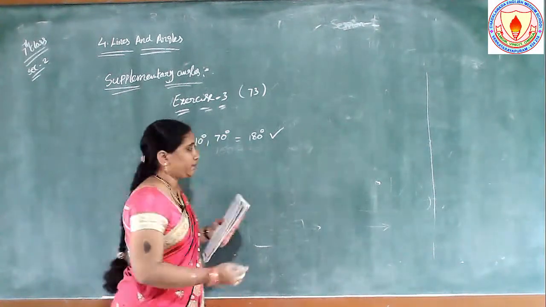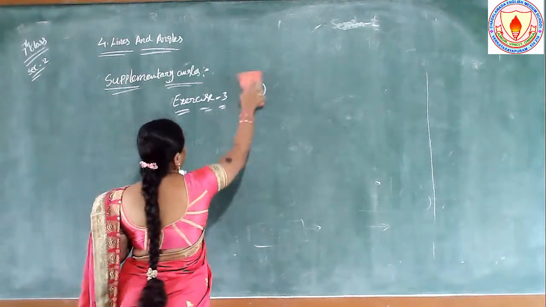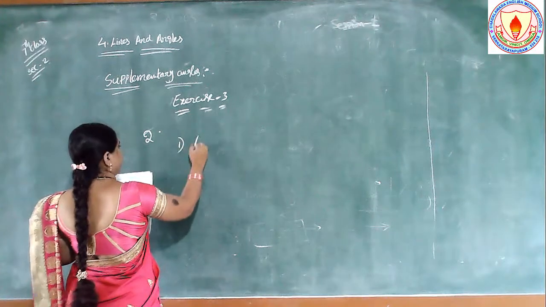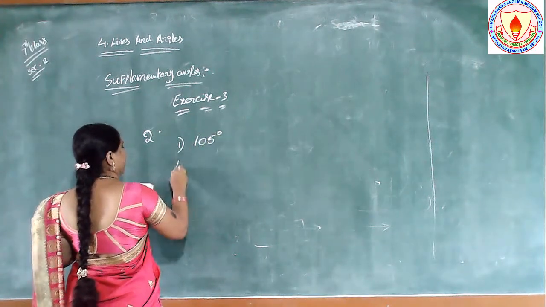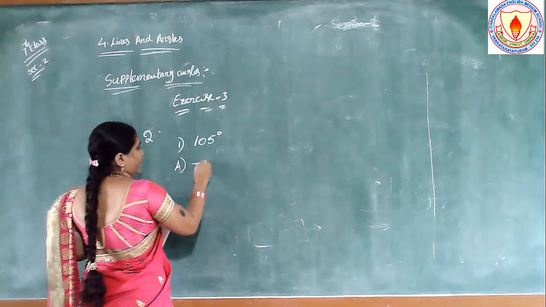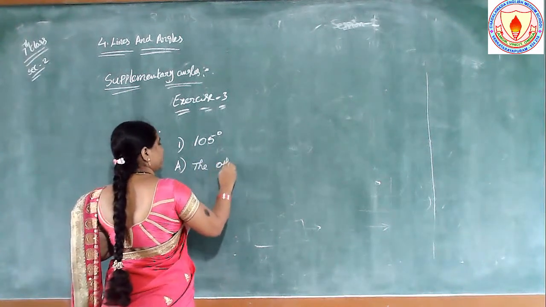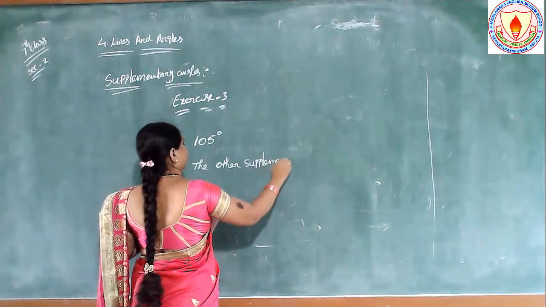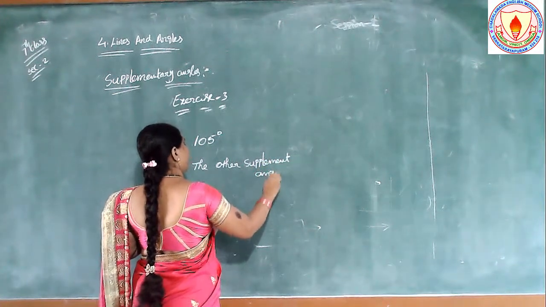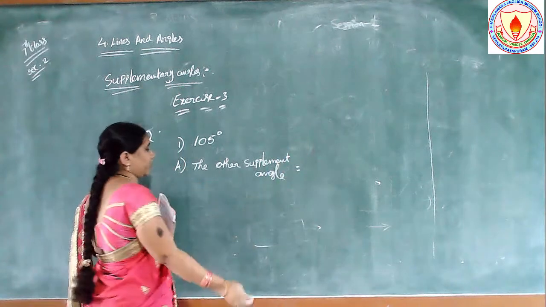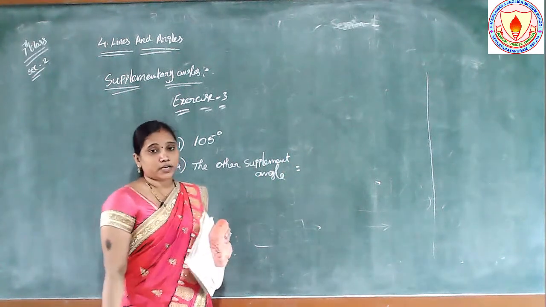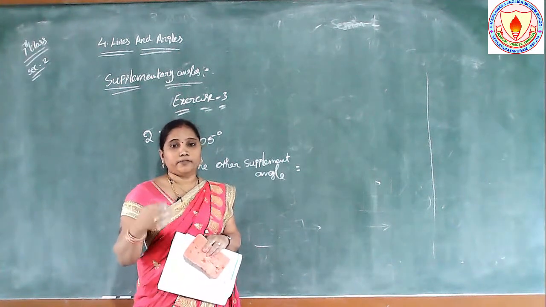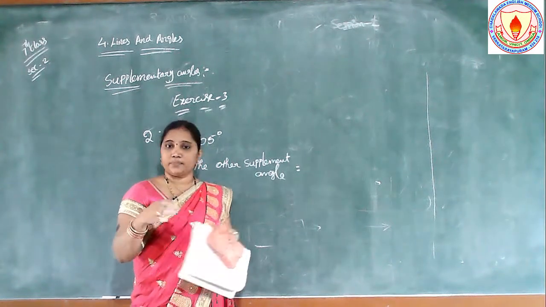Come to the second Roman. We discussed earlier in Exercise 2 how to find the other angle. Suppose they give 105 degrees, find the other supplementary angle. How to find it? In the last topic, to find the complementary angle you subtract from 90, because complementary angles mean 90 degrees.